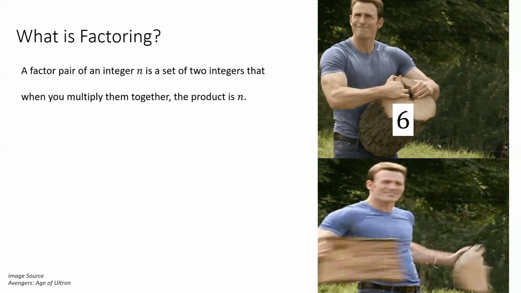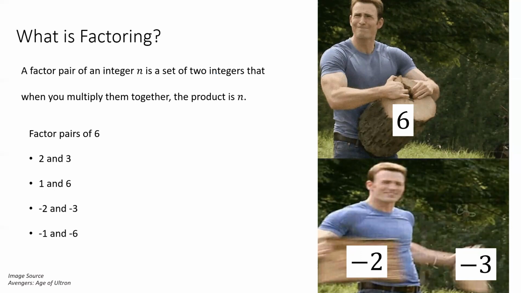Let's think, maybe -1 and -6, because two negative numbers multiplied together give a positive, right? So -1 times -6 is also positive 6. Another one with the same concept is -2 and -3. So those are the integer factor pairs of 6.